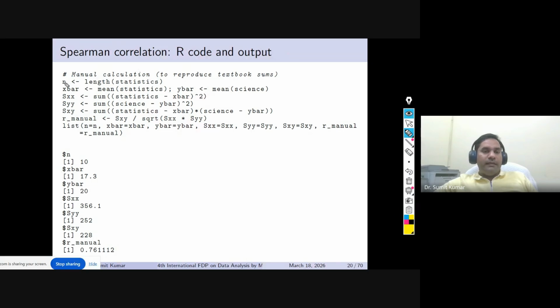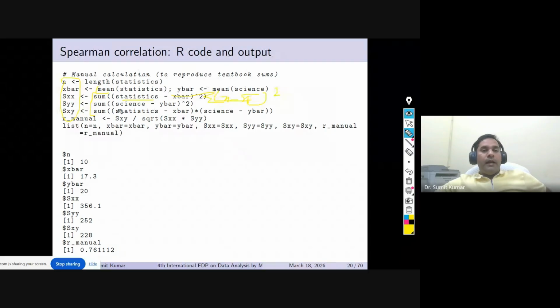Basically, these are the characters or vectors where you store the calculated values, and these are the commands you have given to R to calculate the mean, and to calculate the sum of squares of statistics, meaning x minus x bar whole square, and take the sum of this. This is the simple meaning.